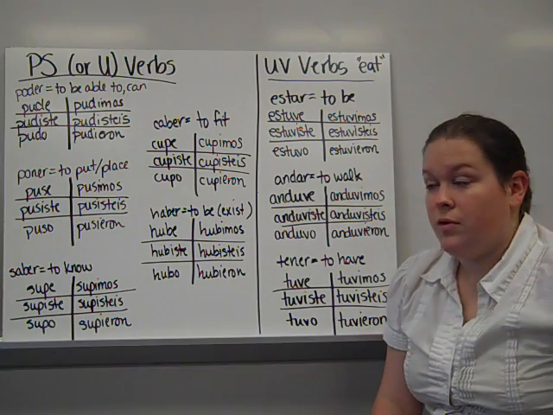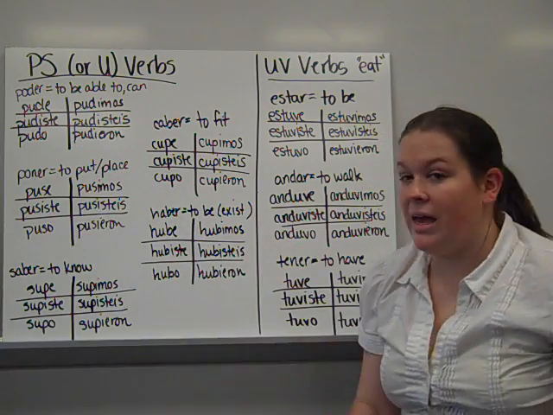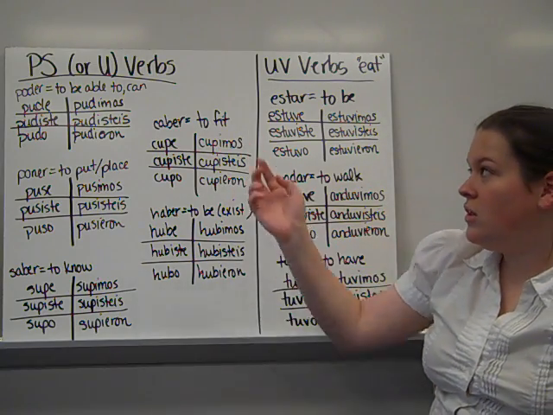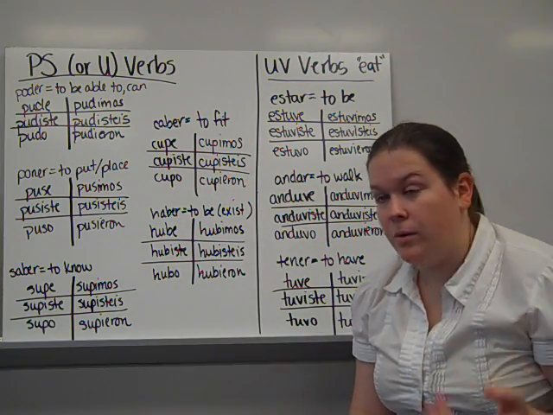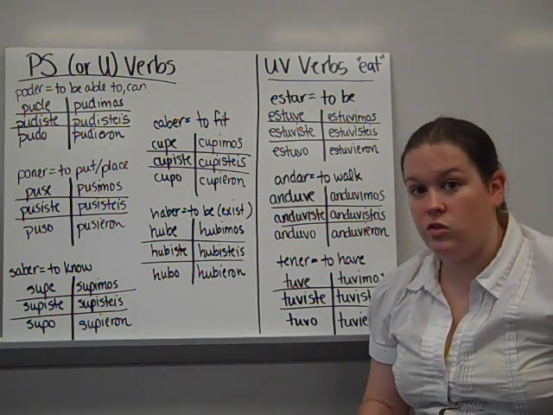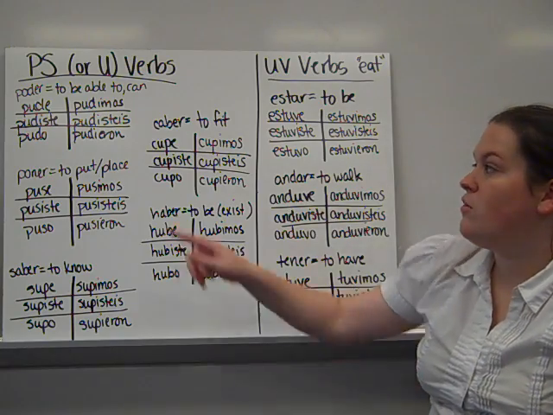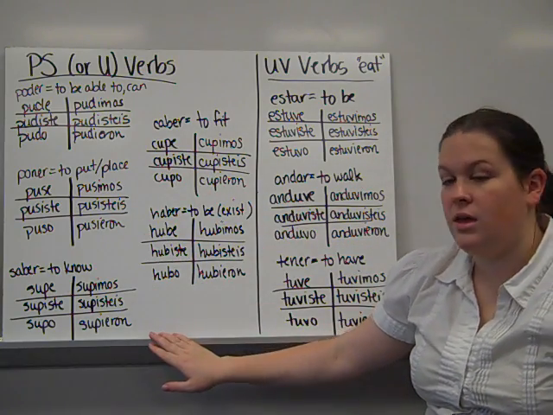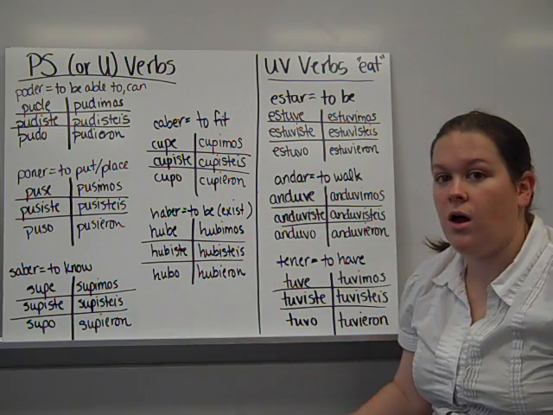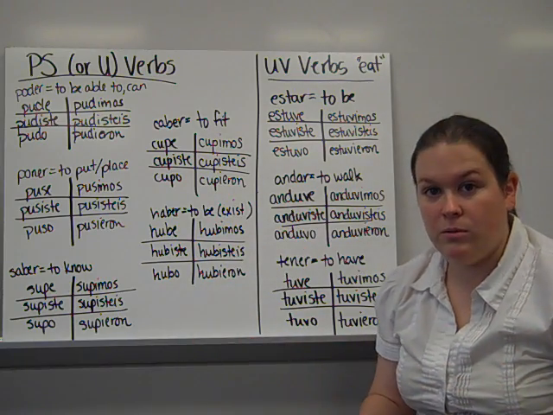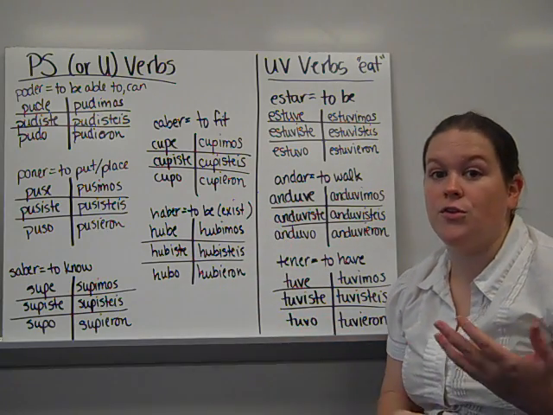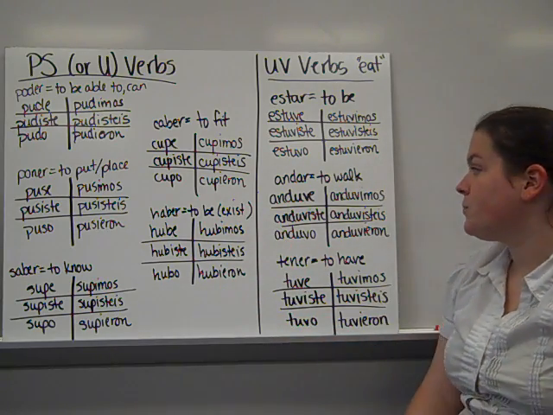I nickname these PS verbs because these main 3 either start with a P or an S. And technically you can also call these verbs U verbs because there is a vowel in the middle that changes to a U. So we have poder, poner, and saber. And then caber and haber are not the main verbs. Like dar and ver are kind of extras. Caber and haber are also extras in this case.